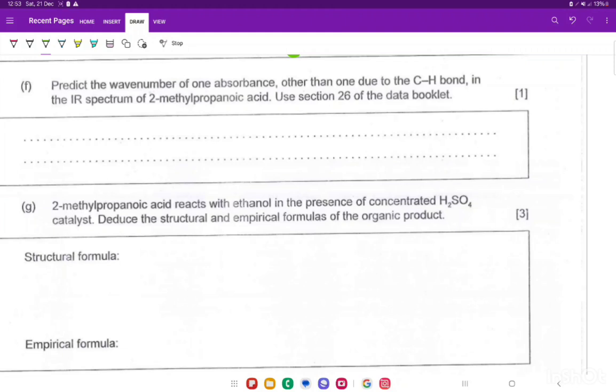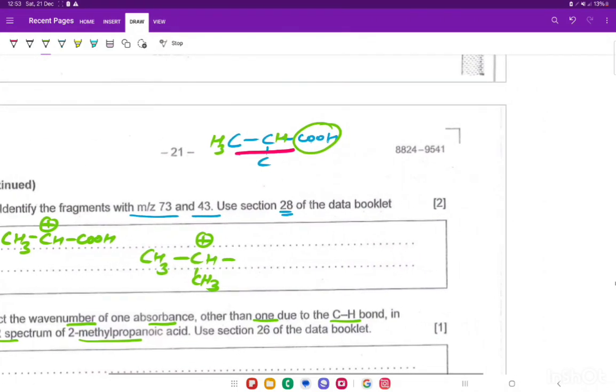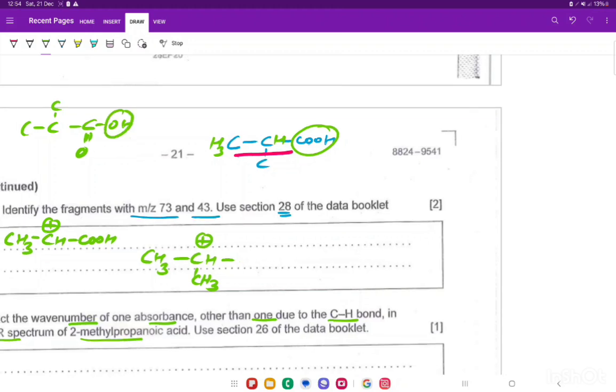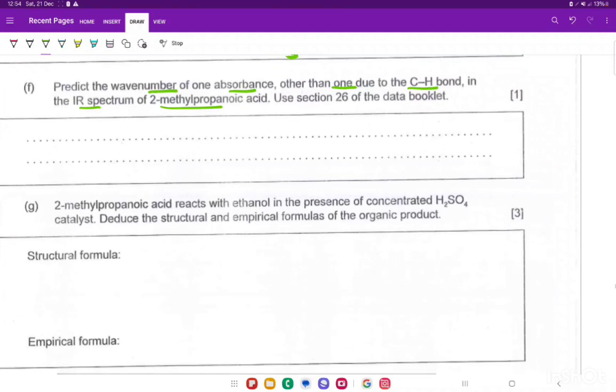Predict the wave numbers of one absorbance, other than one due to the CH bond, in the IR spectrum of 2-methyl propanoic acid. One will be of the CH bond, another will be of C double bond O, and I will also observe a wave number of the OH group of the carboxylic acid.